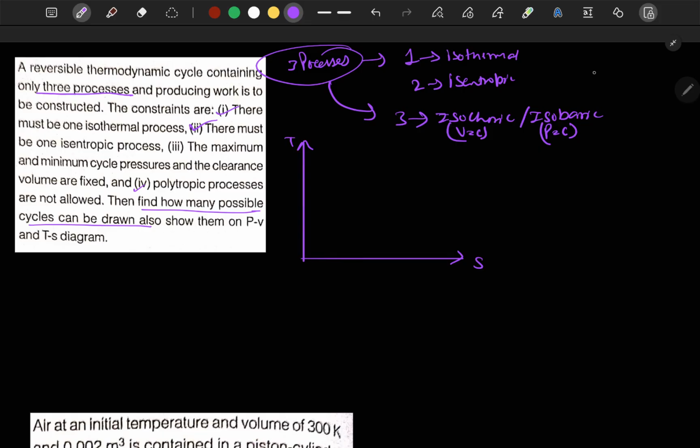you can directly write that since there are four available options and we have to use three properties, we can calculate it using 4C3, but this will be incorrect.